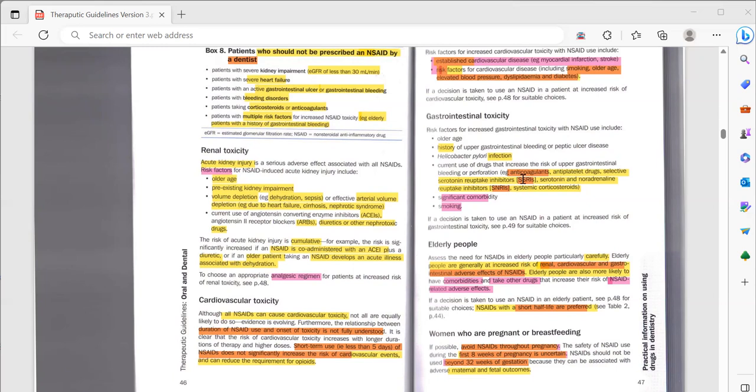Those are the anticoagulants, antiplatelets, SSRIs and SNRIs, which are mainly antidepressants, and the systemic corticosteroids. These are the drugs that can increase the chances of bleeding from the GIT. So you should be careful if you are prescribing NSAID in these patients.